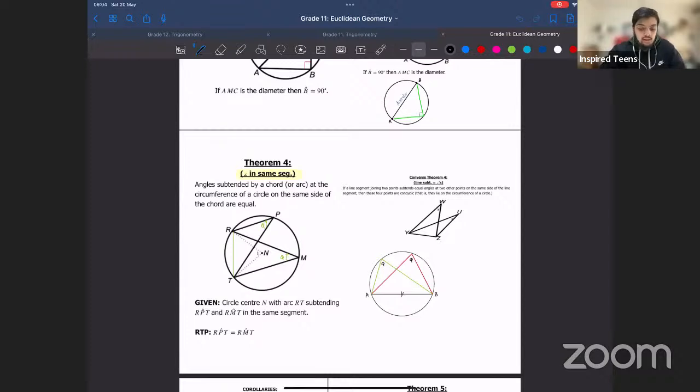Okay, I think we can start. Let's go ahead. I'm just trying to remember where we stopped. I think we went up until theorem 4. Okay, just give me one second. I'm going to reshare my screen in a bit. Sorry.